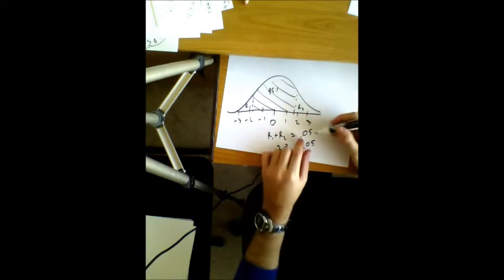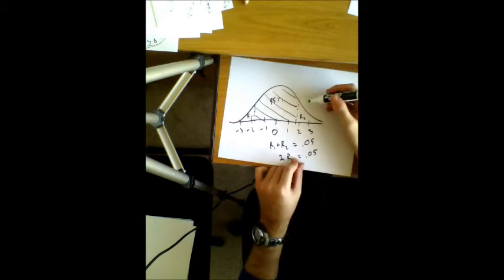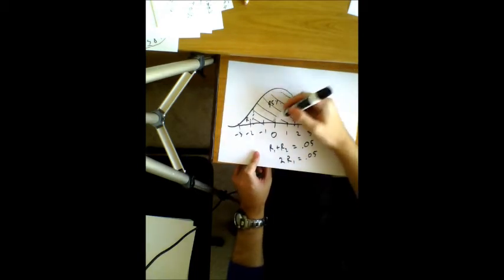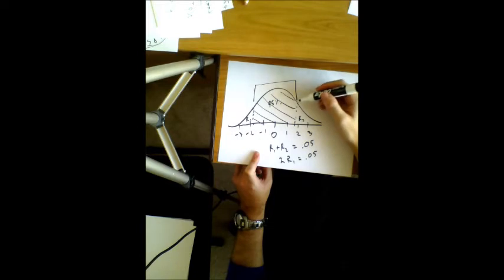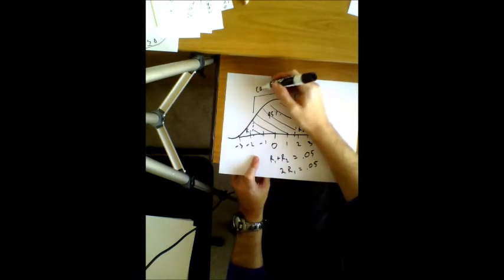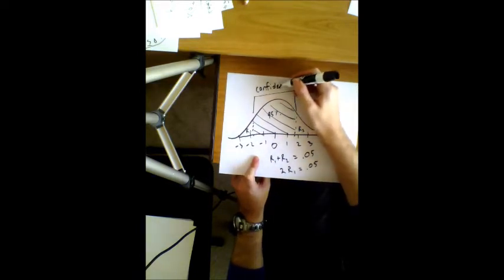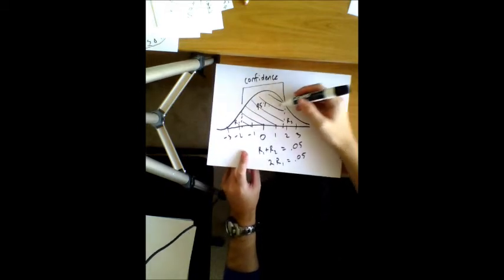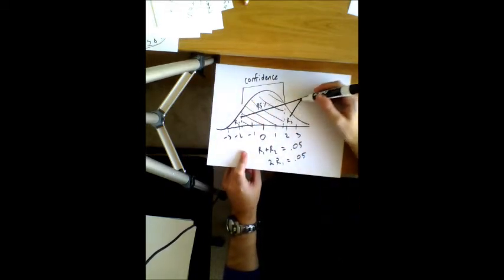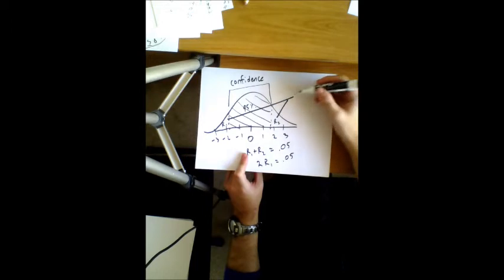We have a name for this 0.05, sort of the complement of this 95%. If this is what we're confident of, then what we're not sure of are these two regions, and this makes up what they call the significance level.